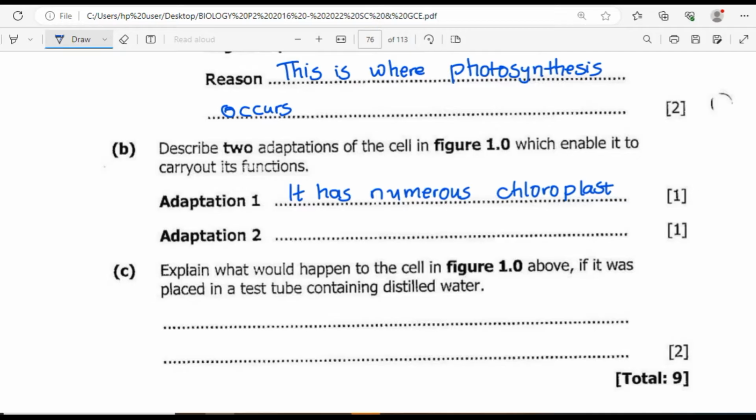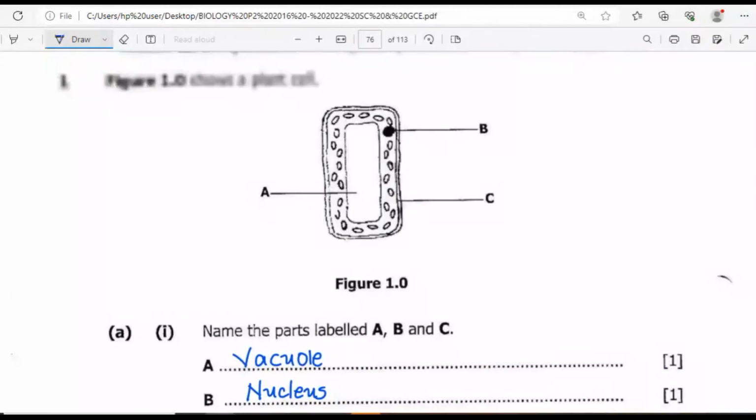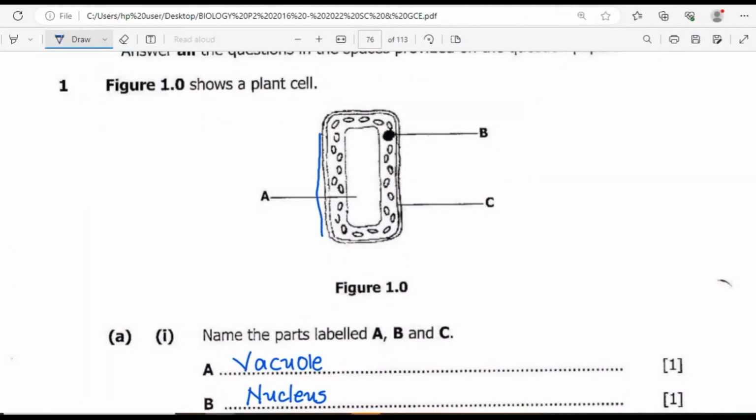Then the other adaptation that we can look at here, we can say the cells are longer vertically than horizontally. So this statement means that vertically they are longer, and here they are shorter. Now, what is the importance of this?